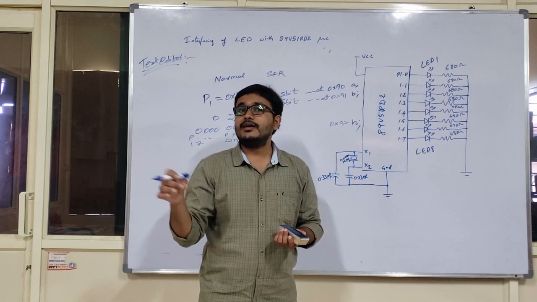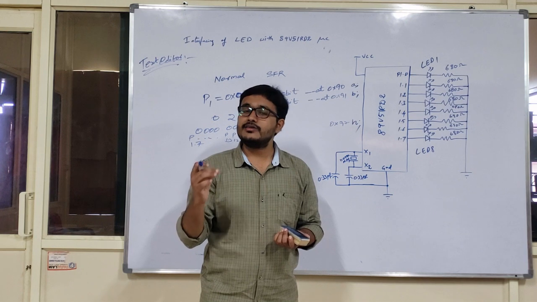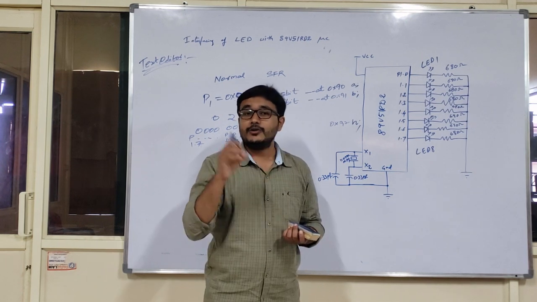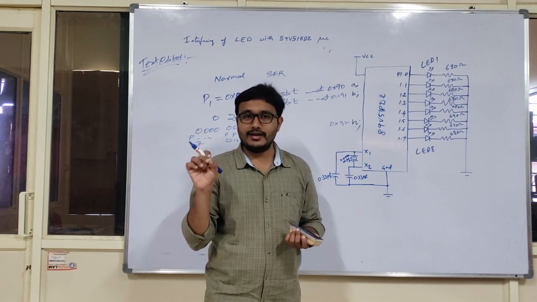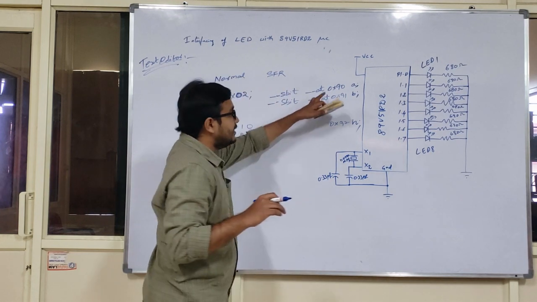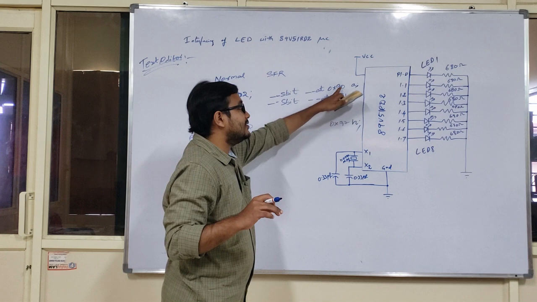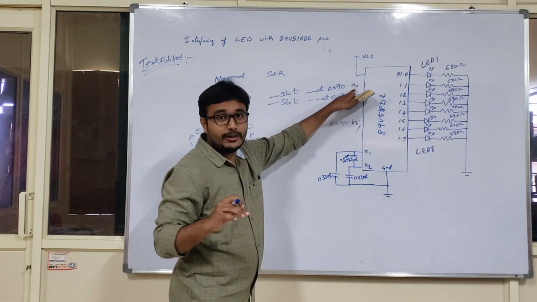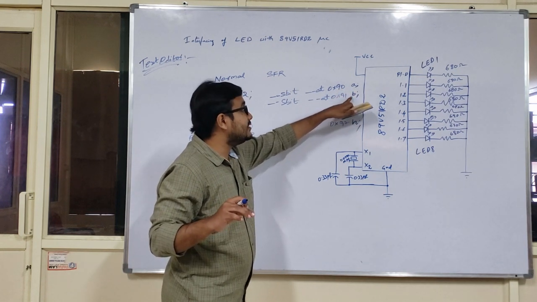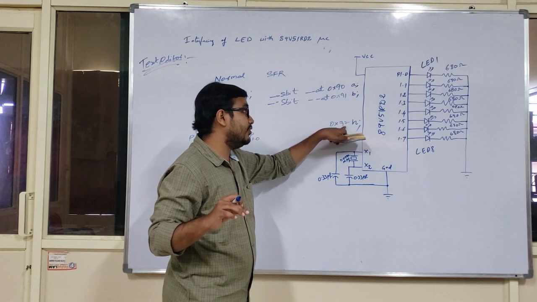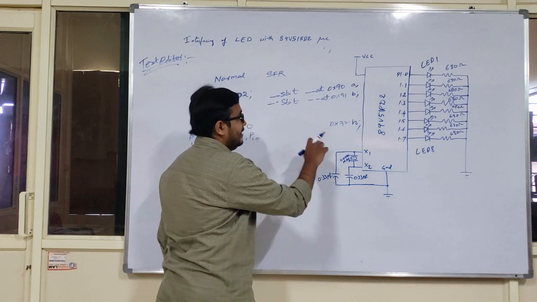If I want to recognize that location easily, it is always a better idea to give a name for your particular address location. Similarly, the same concept goes here: the 0x90 address location is recognized by a variable called a, this is 0x91 b, and similarly 0x97 I have taken as h here.